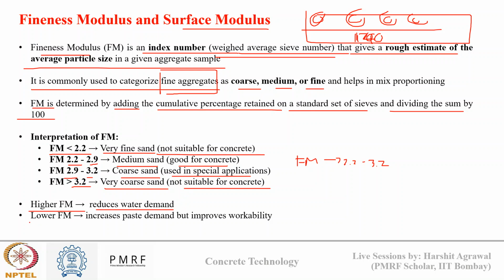And if our fineness modulus is very low, then it will increase the paste demand. The amount of cement paste required to keep concrete workable will increase. So that is the problem of a very high and a very low fineness modulus. What we need is in this range, that is desired.